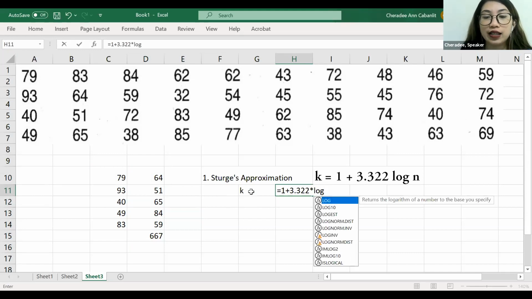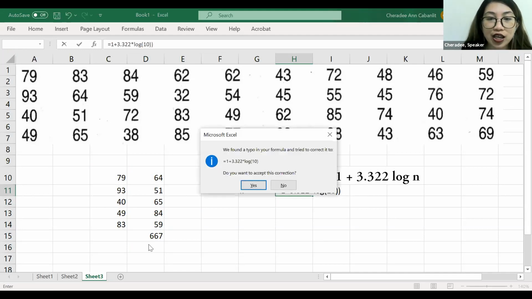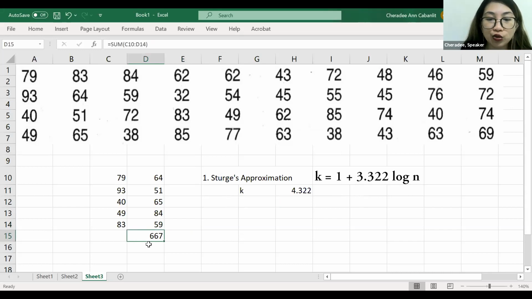There's a command in Excel that is log. The number is 10, guys. If the log there is base 10, you don't need to put the base anymore, because the base is automatically 10. So that's 4.322.